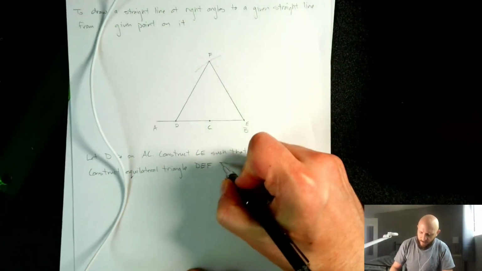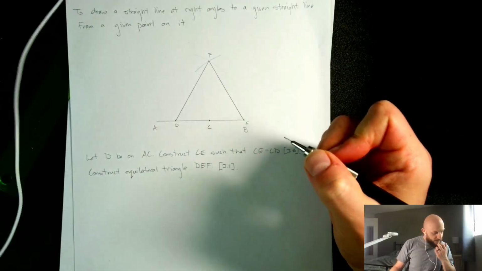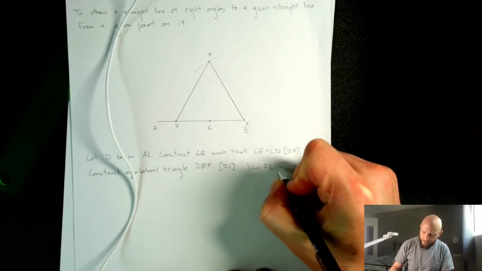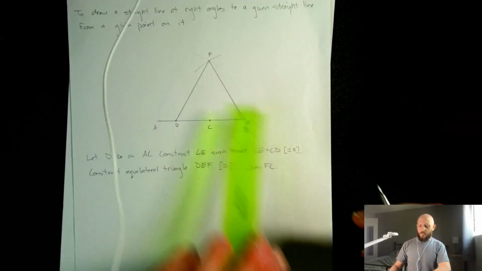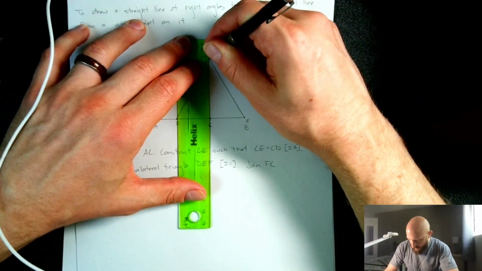So construct equilateral, and again, that's proposition 1. It allows us to do that. Join FC. And how can we join FC? Well, you already know it by now.